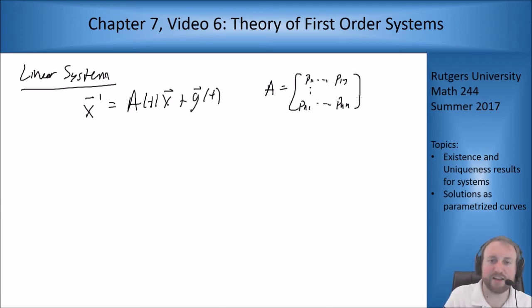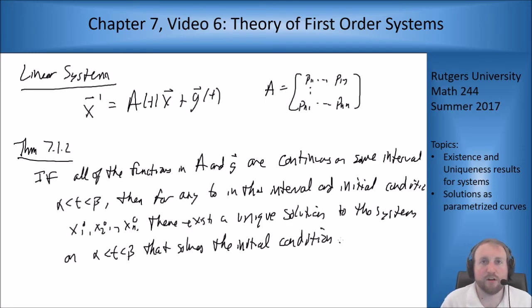These are all functions of t, and g is the vector of functions of t. And we want to know what we can say about this for a theory of the same sort, an existence and uniqueness theorem. It turns out we do get something that looks nice, and it should look very similar to the theorems we had in section 3.2 and section 2.4 for linear first and second order ODEs. So I'll write up the theorem and then we'll talk about it real quick.